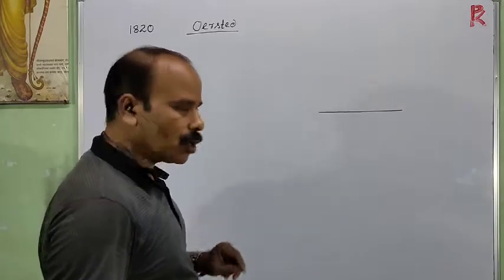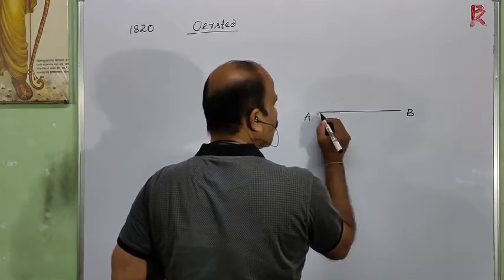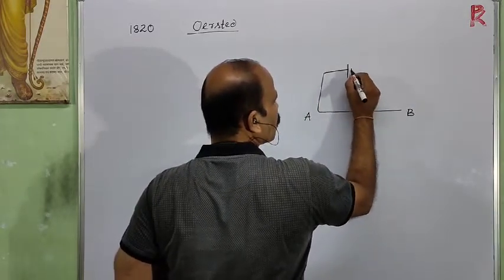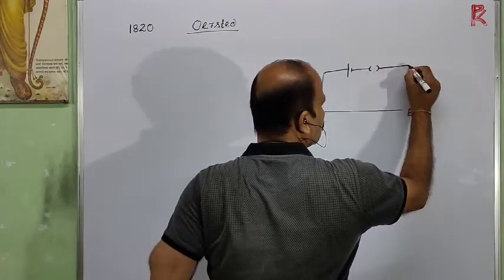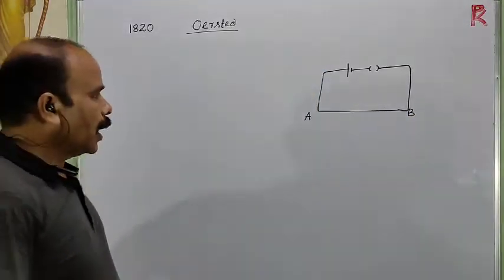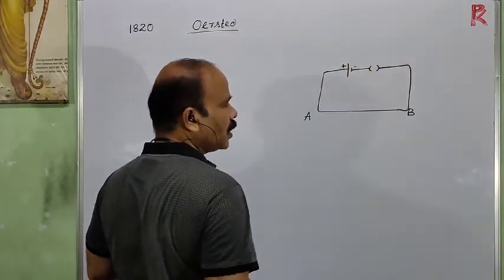Suppose here is a conductor, suppose A, B, and it is connected to a battery, and suppose there is a key over here, a plug key. Suppose this is my positive terminal, this is my negative terminal.